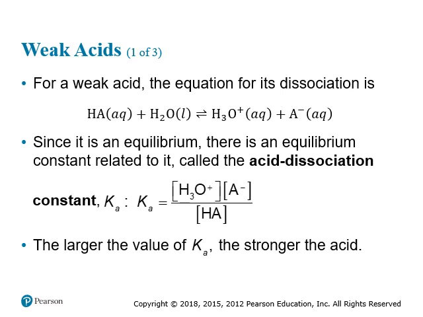Well, let's think about that statement. The larger the Ka, the greater the ratio of products to reactants. That means that this reaction is going to reflect the dissociation more, the reaction going from left to right, than the reaction going from right to left.